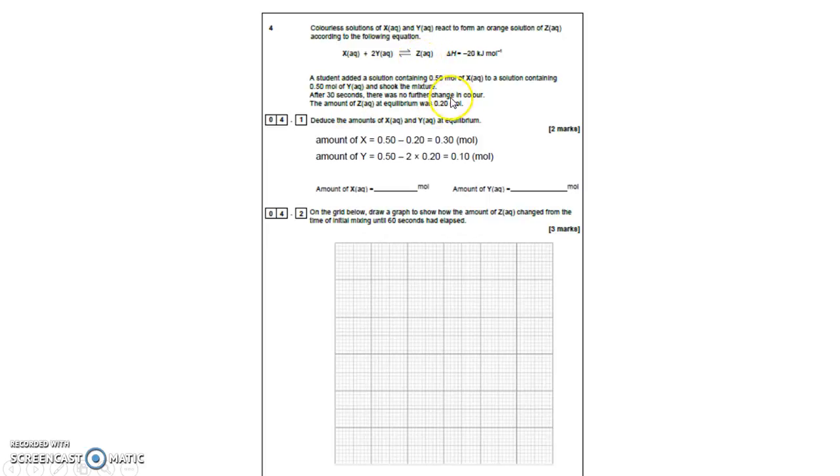At the end it says there's 0.2 of Z, so it must have used up 0.2 of X, and 2 lots of 0.2 of Y, it must have used up 0.4 of this.